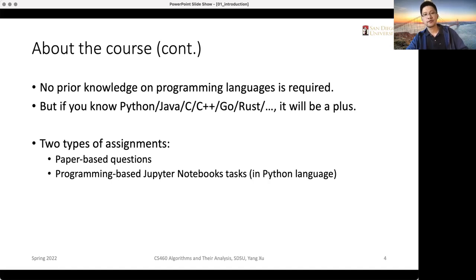Okay, and for Jupyter Notebooks, we use Python as the programming language. Okay, so it'll be great if you know Jupyter Notebooks or have used it before, but it's okay if you don't, because we're going to have a brief tutorial next week for introducing, installing, and running Jupyter Notebooks on your laptop computers. Okay.